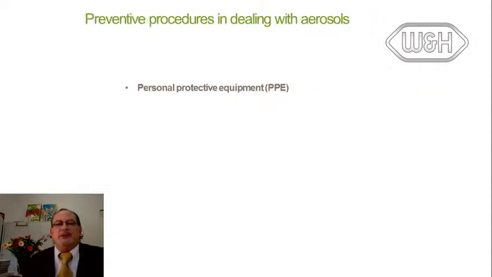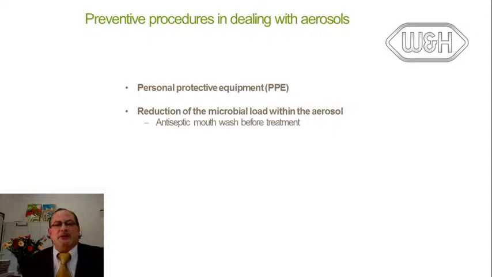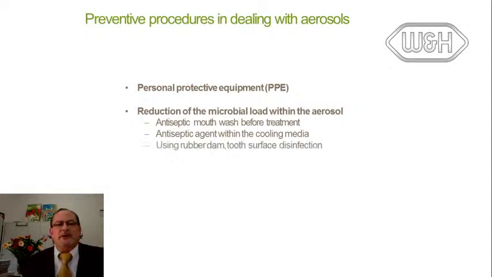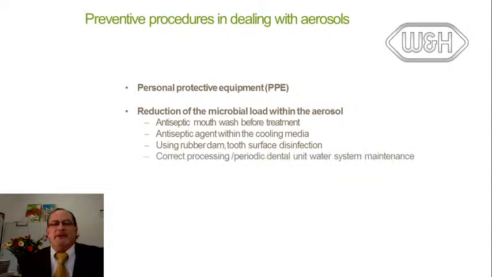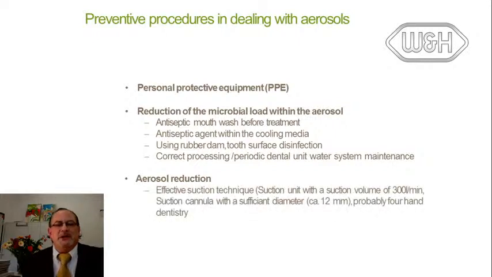So concerning the personal protective equipment, PPE is the abbreviation, we should reduce the microbial load within the aerosol: antiseptic mouthwash before treatment, antiseptic agent with the cooling media, using rubber dam, tooth surface disinfection, correct processing, periodic dental unit water system maintenance, and for the aerosol reduction we should use an effective suction technique.